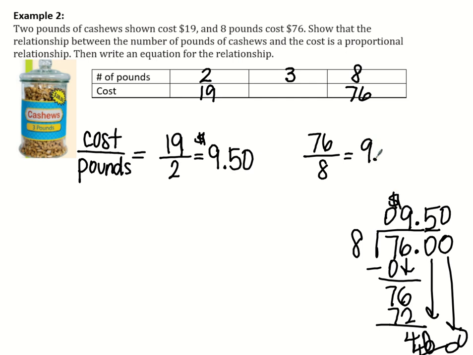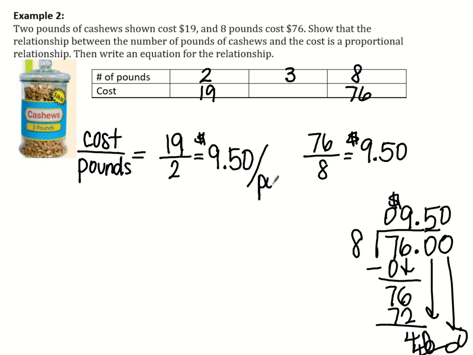So if we're looking at our ratio of cost to pounds, it's $9.50 for both the 2 pounds for $19 and 8 pounds for $76. So if I know that my proportional relationship is $9.50, that means per what?